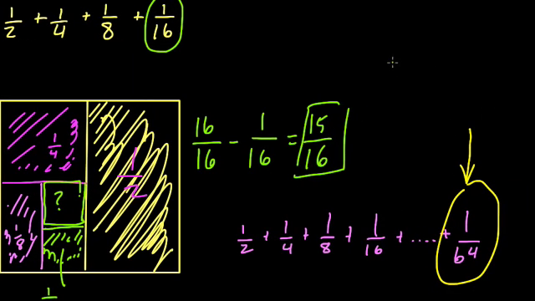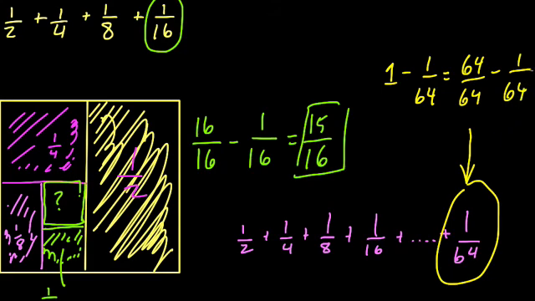Everything but 1/64th, what's that? Well, 1 minus 1/64th, right? And you can think of 1 again as 64 over 64 minus 1 over 64, and that equals 63, right? 64ths, the amount that's filled. So everything is filled but 1/64th.